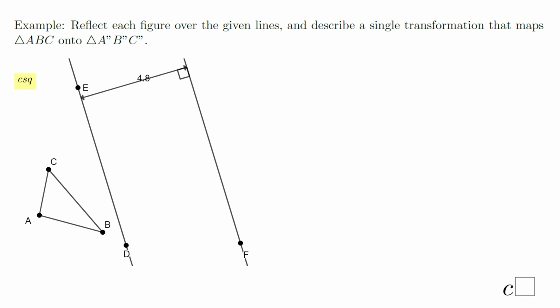Reflect each figure over the given line and describe a single transformation that maps triangle ABC onto triangle A prime, B prime, C prime, and A second, B second, C second. I'm going to answer the last one.